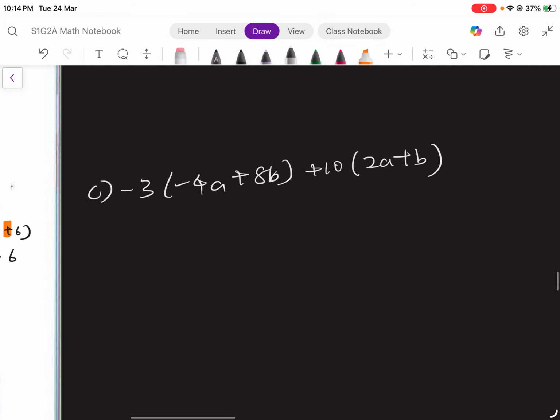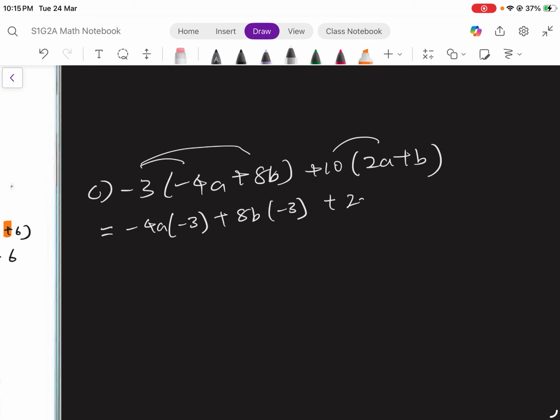Okay, so from here what we're going to do is we're going to multiply in, so I get minus 4a minus 3, plus 8b minus 3, plus, okay, multiply in 2a 10 plus b 10.